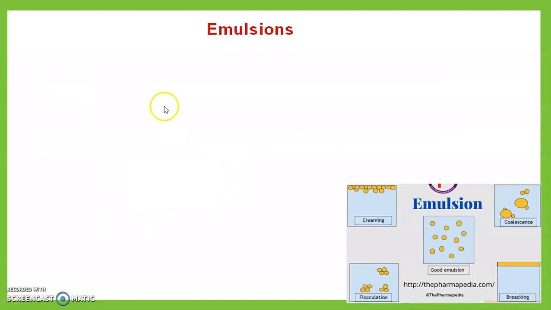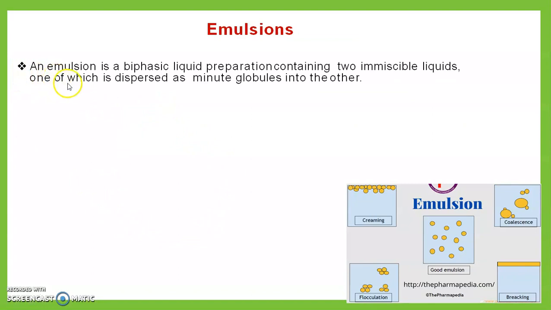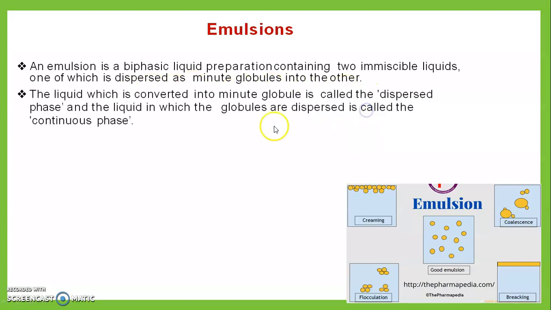First of all, we see the emulsions. Emulsion is a biphasic liquid preparation containing two immiscible liquids, that means liquids which are not miscible with each other, one of which is dispersed as minute globules in the other.